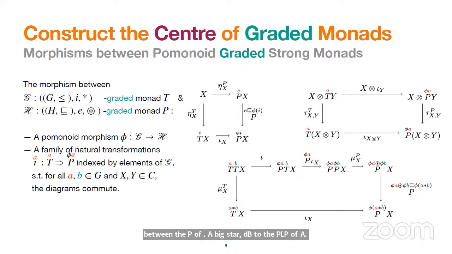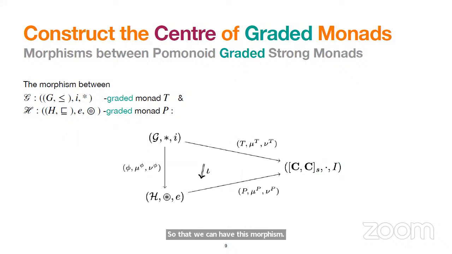Actually, this definition is stronger than we thought, because this is only defined on the pomonoid graded strong monads. If we discard the pomonoid, it actually works on any kind of lax monoidal functors. If there is a morphism between the gradations, and if there is a relation between them, we can define such an arrow, so that we can have this morphism.